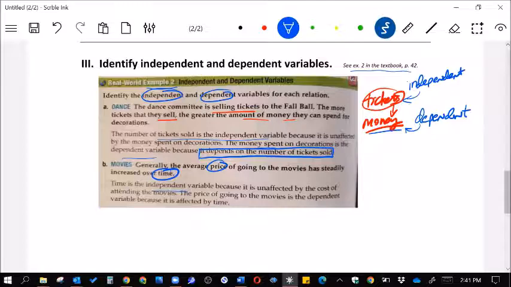The time doesn't make the price go up or down. All right, so let me just follow what they say here. Time is the independent variable because it's unaffected, but the price is affected by time. Because what this is saying is the average price has steadily increased over time.